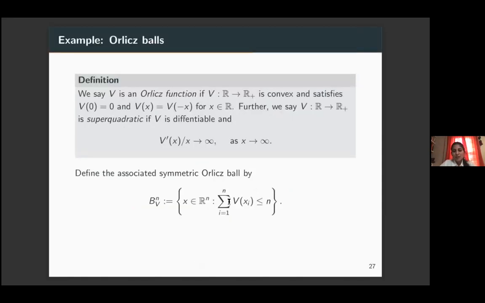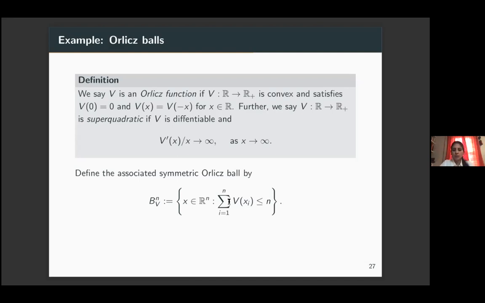Okay. So just to remind you, let's look at Orlicz balls. So V is an Orlicz function if it's convex, symmetric, and V(0) is equal to 0. And I am going to have a more stringent definition of superquadratic, where I want V to be differentiable and V'(x) over x goes to infinity as x goes to infinity.